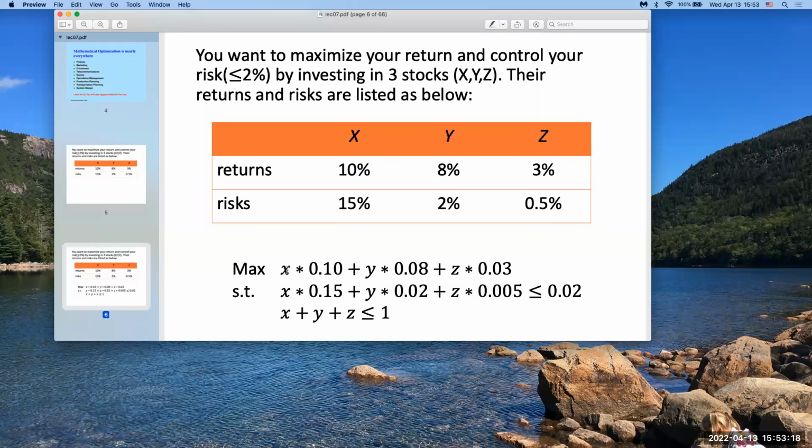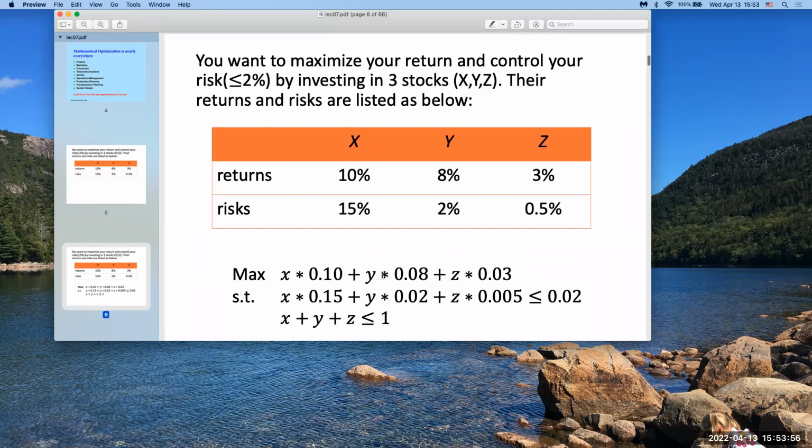We invest X dollars in this X stock, so that's 0.1 return, plus the money invested in Y stock, plus the money invested in the Z stock. So the function is x times 0.1 plus y times 0.08 plus z times 0.03. Okay, so that's our target, and that's also the objective function.